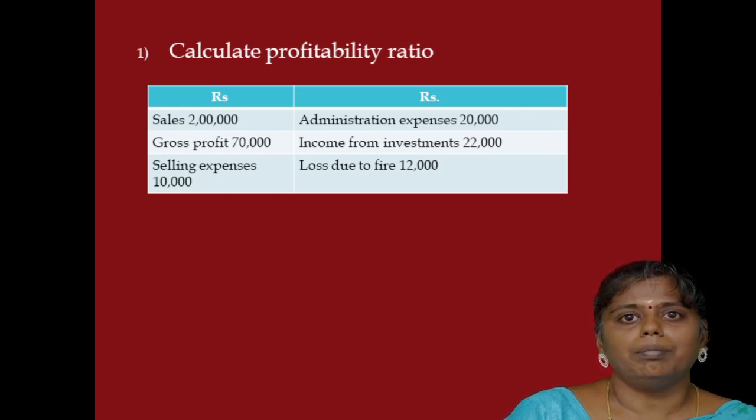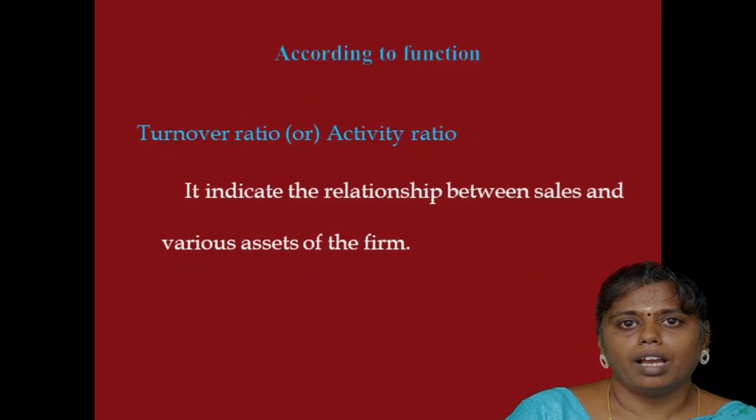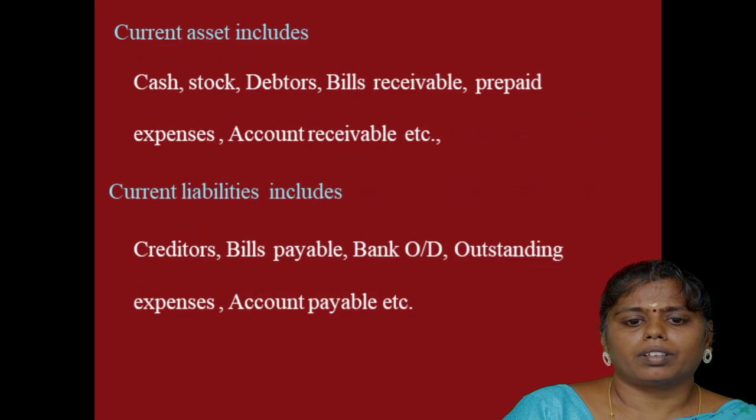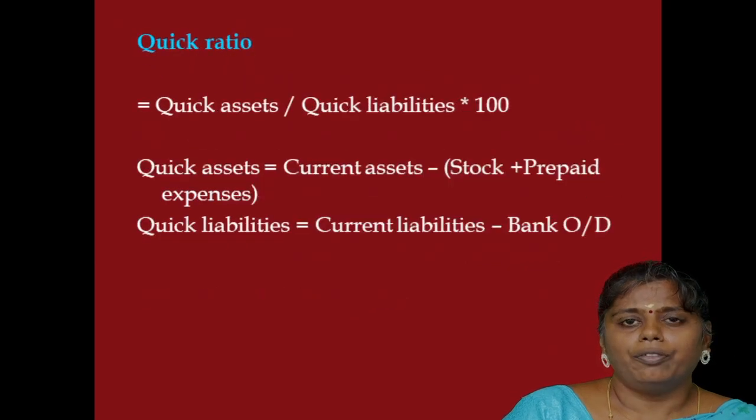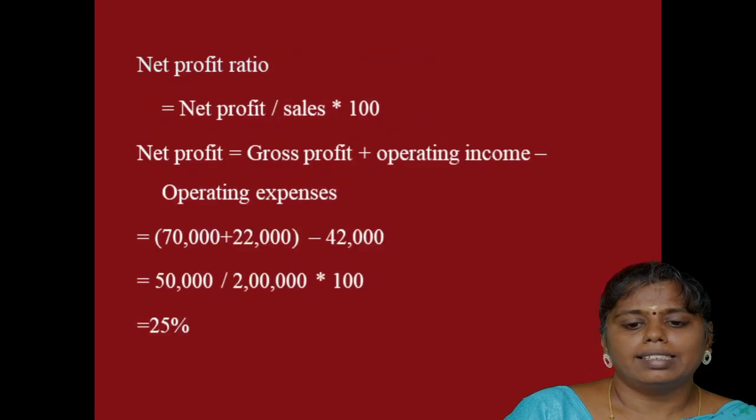Non-operating income equals income from investment. So applying the formula, net profit divided by net sales into 100. When we find gross profit plus operating income minus operating expenses, the ratio is 25%. Thank you.